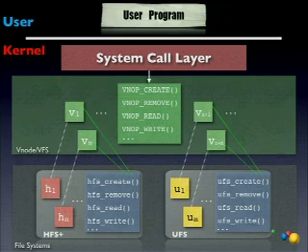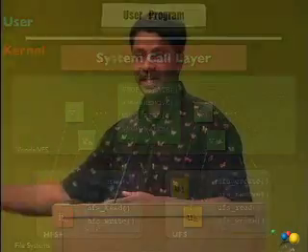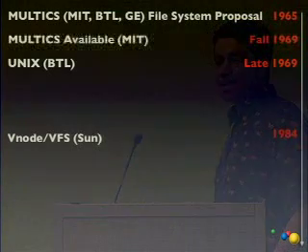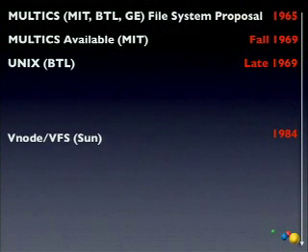So this really is saying that, kind of object-oriented, we have a concept and then we have specific implementations of it. So pretty obvious way to do it. And this was known as the vnode VFS concept. And so this thing came out in 1984, and it was successful enough that OS X uses it still. Pretty much most Unix-like OSs use it. It's the same idea. So that's good to know.